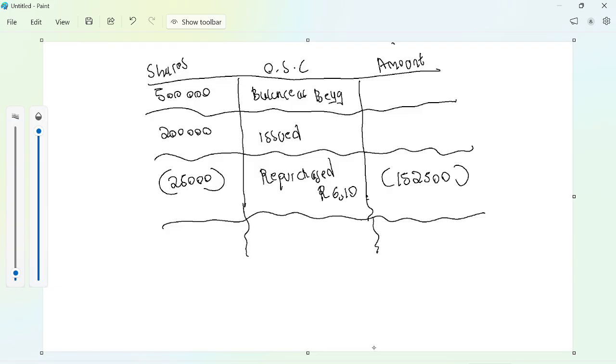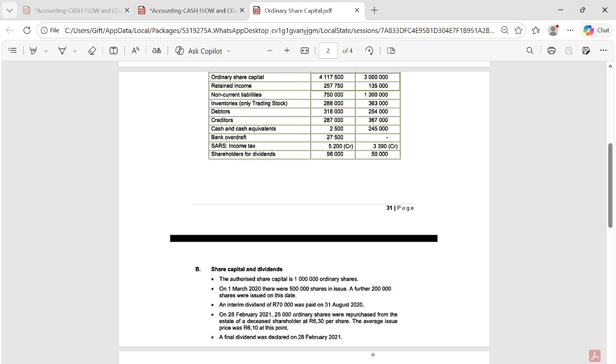So what is the value of the shares at the end? 500,000 plus 200,000 minus 25,000. So therefore I'm having 675,000. And what about this one? They've given me the trial balance, so I'm going to take it from here.